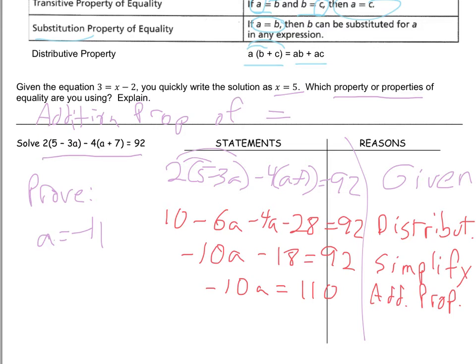Next, I would divide by negative 10, which would leave me with a equals negative 11. That's what I'm trying to prove. How could I do that? Well, that was the division property of equality. Okay? And that was our first proof that we looked at.